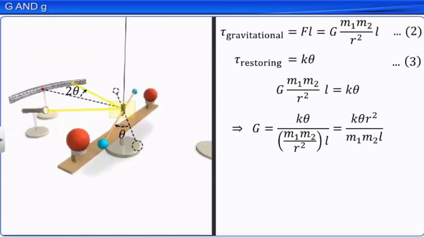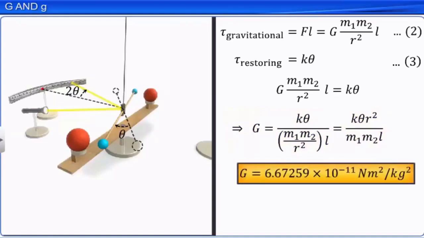By knowing the values of the other quantities in the expression, the accurate value of G is found to be 6.67259 × 10^-11 N m²/kg². Interestingly, this is how Cavendish attempted to measure the mass of the Earth and subsequently its density.